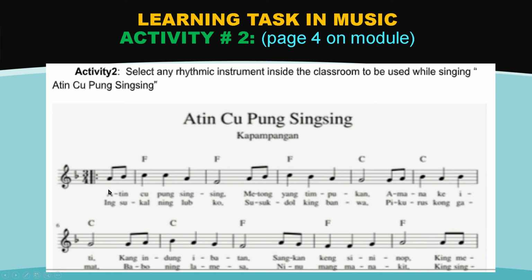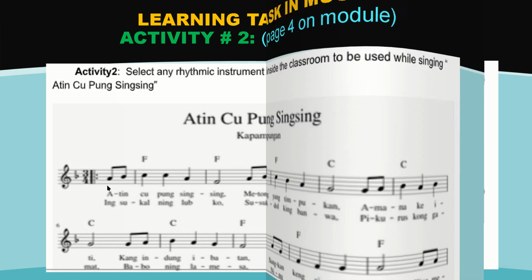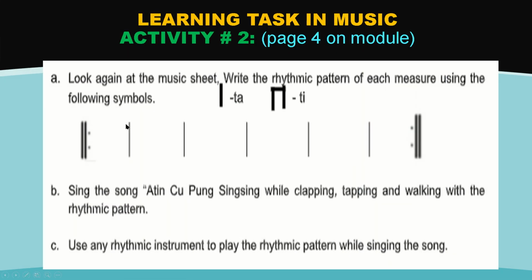On the first measure, you will see a tied quarter note. So, what symbol are you going to write on your activity 2? Of course, you are going to write these tied sticks in here. Alright?